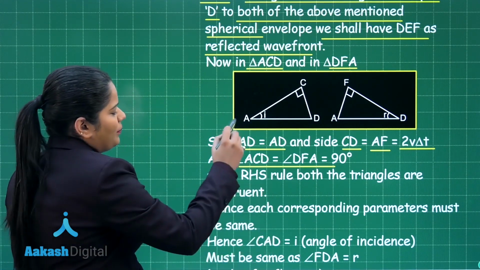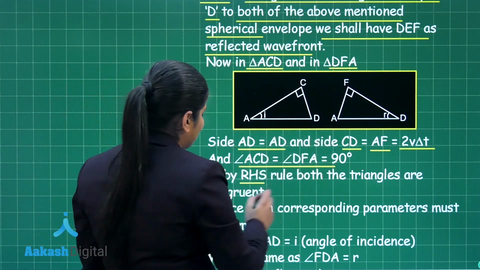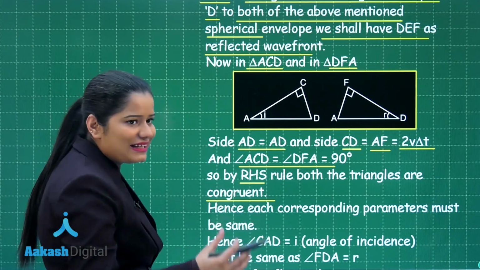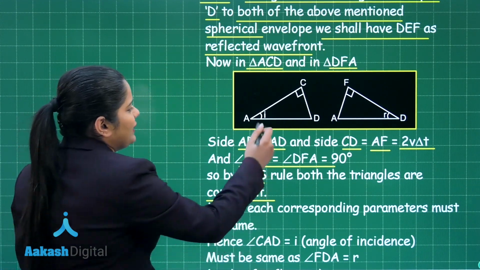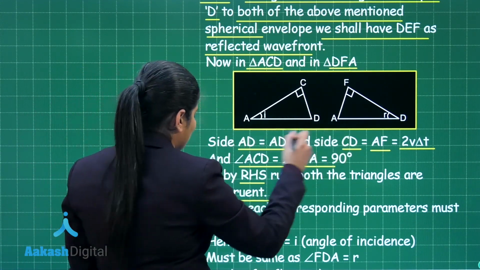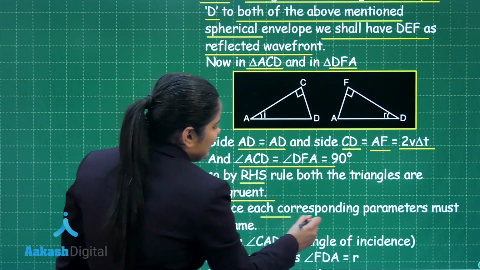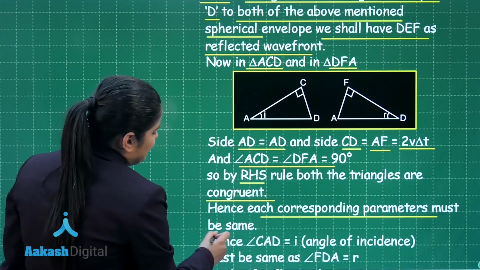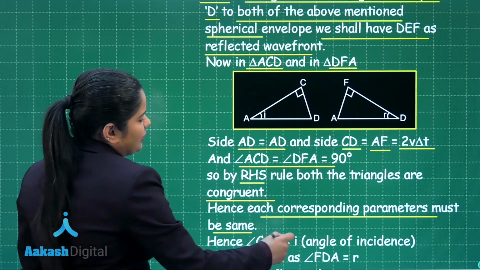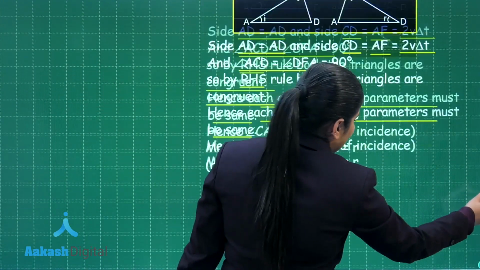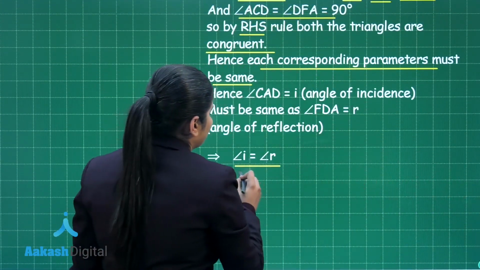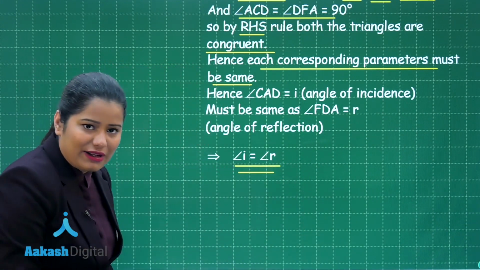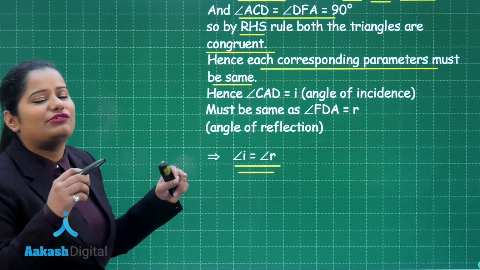So by the RHS rule both triangles are congruent, and as the triangles are congruent, angle i is equal to angle r, since the corresponding parts must be the same. It means i is equal to r, and this is how we have proved the reflection law by using the wave theory.